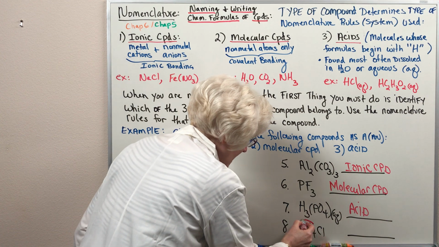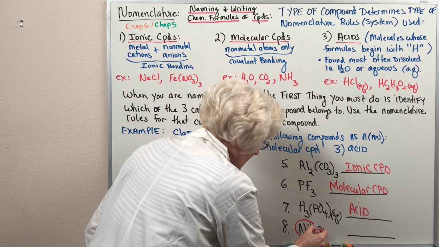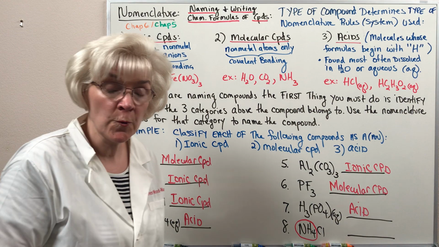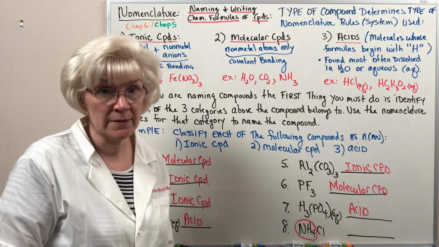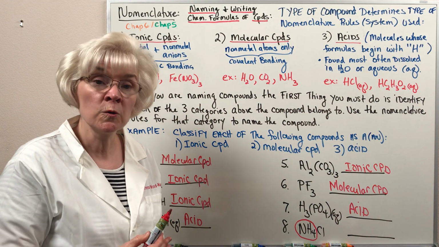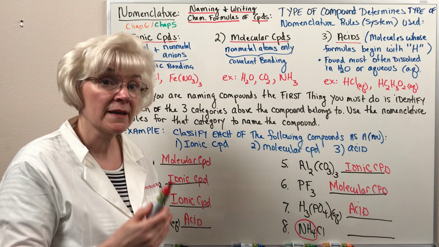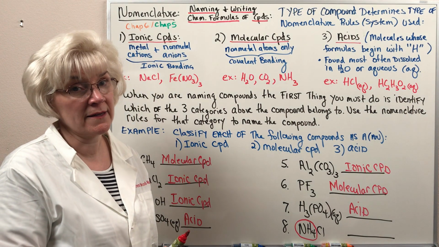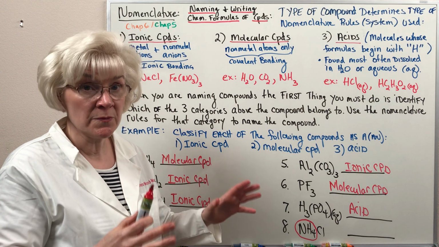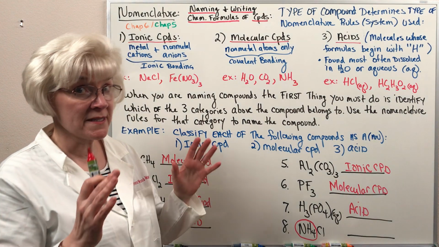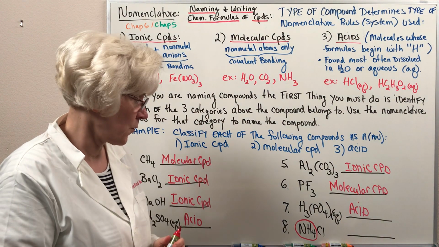I gave this example specifically because NH4+, the ammonium ion, is the only polyatomic nonmetal cation that you need to be aware of and have a radar signal up for.